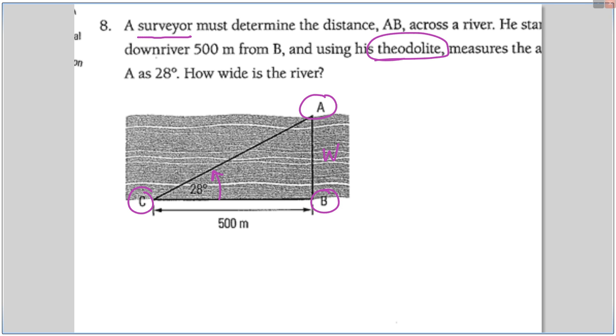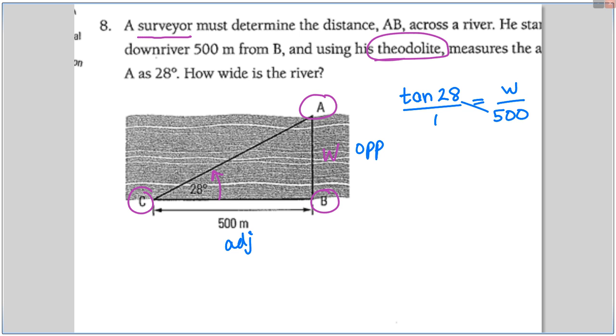So what label is W? Opposite to 28. That makes 500 adjacent to 28. So this is tan again. Solving for a side, so we're using the primary function. So tan 28 over 1 is W over 500. Just times tan 28 and 500.